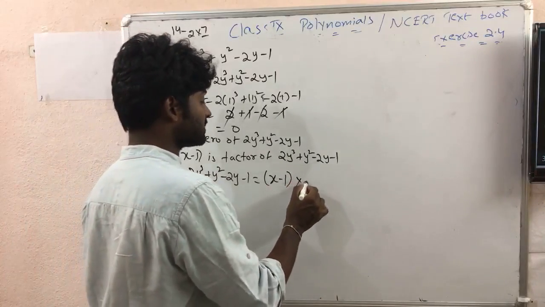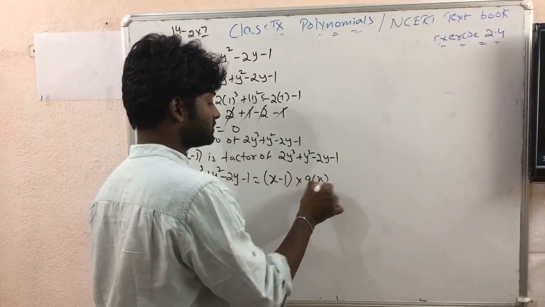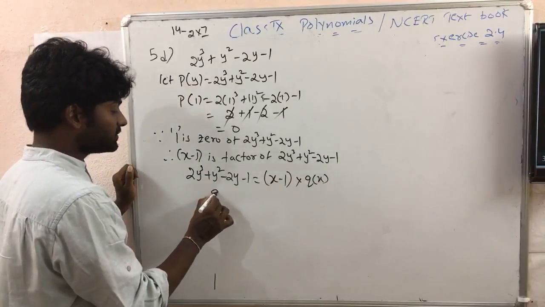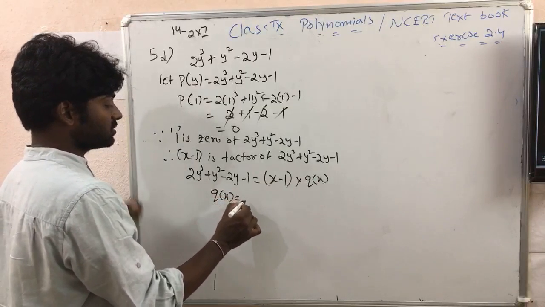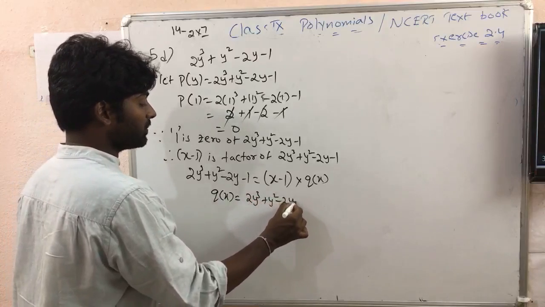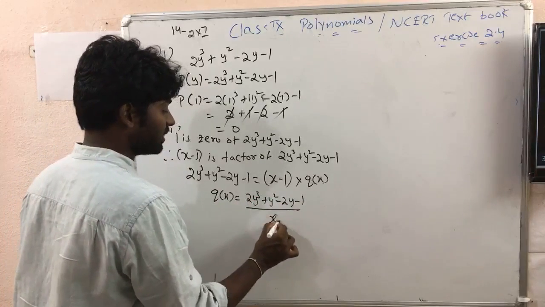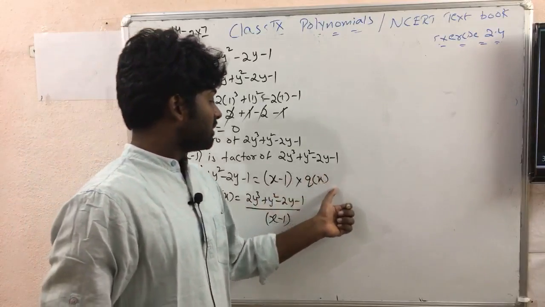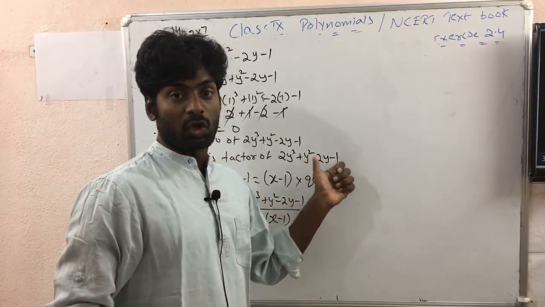I am taking that as q of x, that means the quotient. So if you transpose this, you will get q of x equals 2y cube plus y square minus 2y minus 1 whole divided by x minus 1. That is the reason we are dividing to get the quadratic polynomial here.